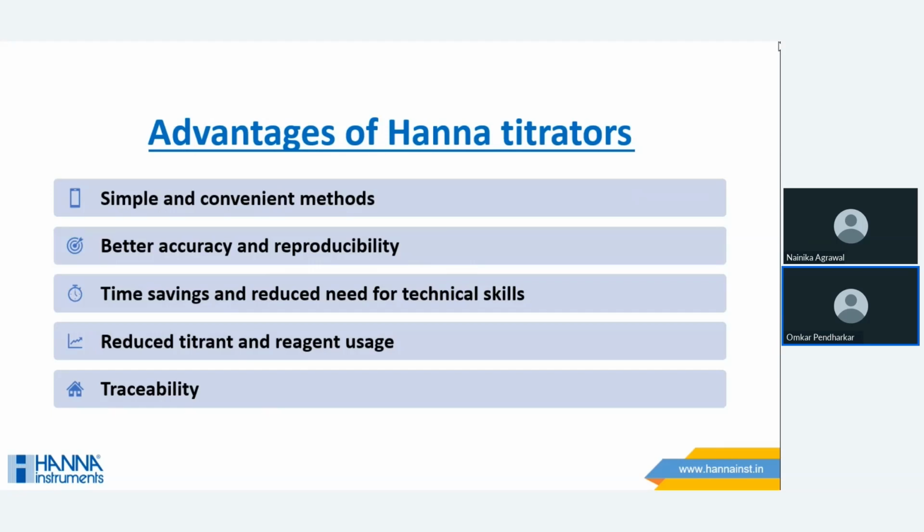So you can just install those methods in the titrator and you can perform the analysis more conveniently than the manual titration methods. It can give better accuracy and reproducibility. So by using the automated system for the analysis of parameters, you will get more accurate and consistent results than that of the manual titration.